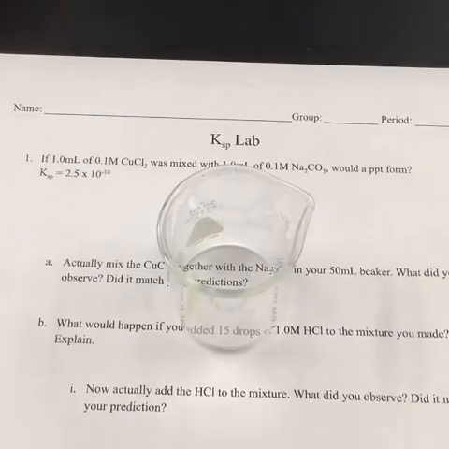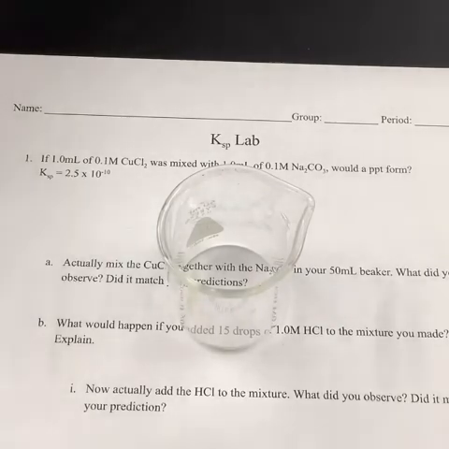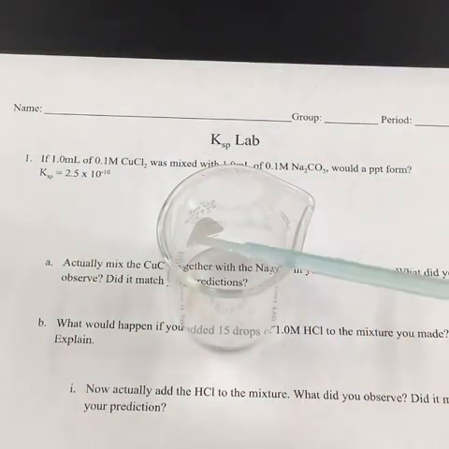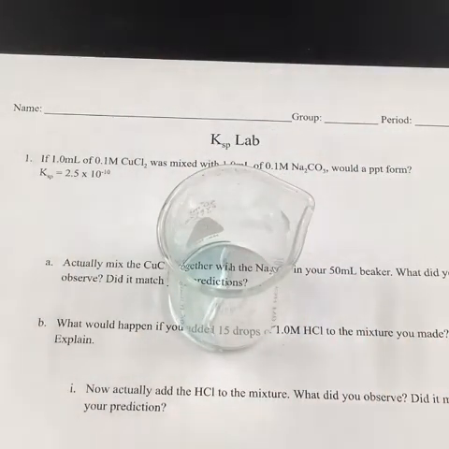Okay, so we're going to go ahead and start with the copper chloride here. So we need 1 milliliter of it. So I'm just going to fill that pipette to about 1 milliliter. So we'll squirt that in. And then we need to fill the other pipette to 1 milliliter. Get as close to that as I can.